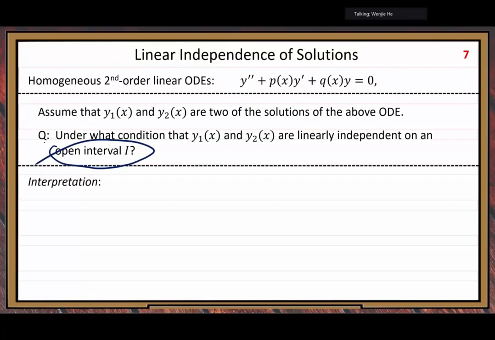Interpretation. We need to compare it. Look at the linearly independent condition description here.